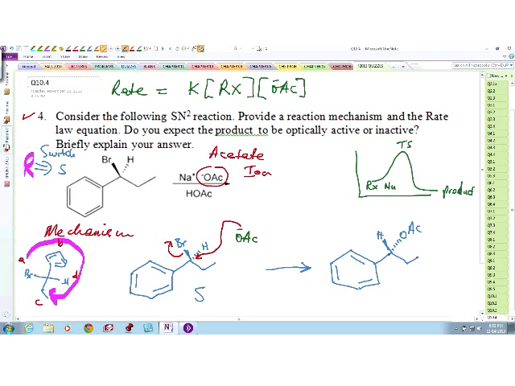Because the point is here, the SN2 reaction proceeds with inversion of configuration.